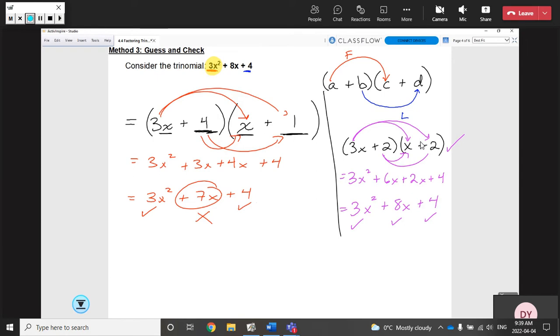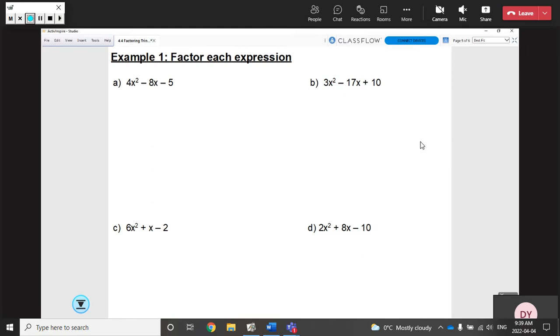Okay. Now, last examples here, maybe I want you to try to factor these using the method of your choice. For example, this first one here, I probably would not use guess and check because it's 4x squared. Could be 1x and 4x or 2x and 2x. Like, who knows? But give those a whirl, and we'll take them up together.